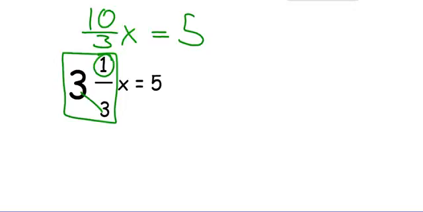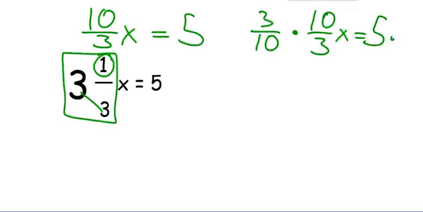Now, of course, to solve this problem, I'm going to divide by 10/3 or multiply by its reciprocal. The reciprocal of 10/3 is 3/10, and so I've done that to one side. I'm also going to do the same to the other side. And so I'm going to come away with this for my balancing act.